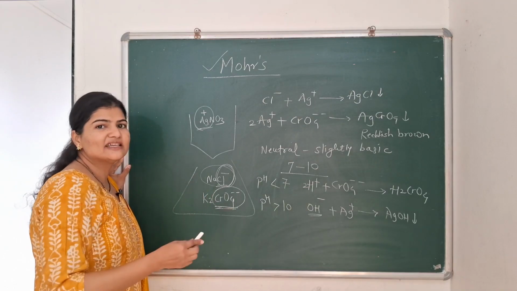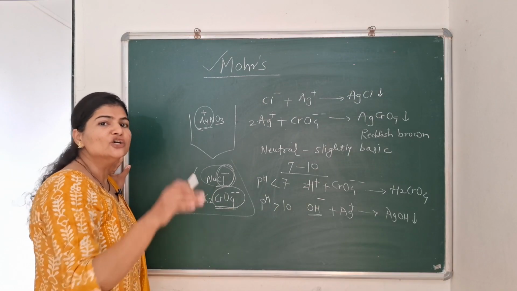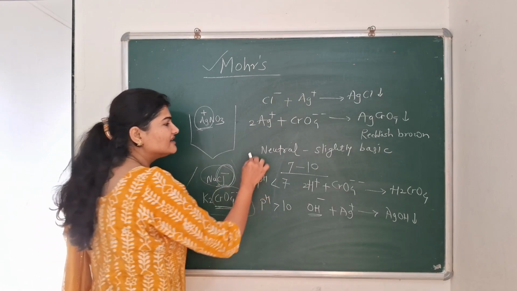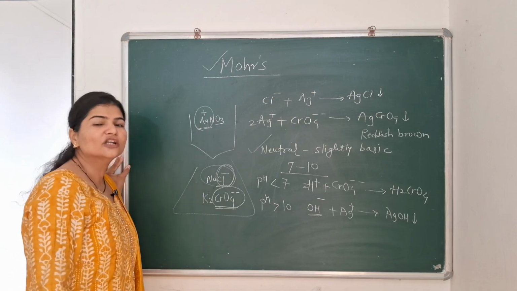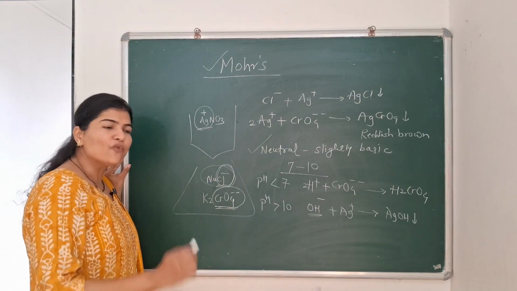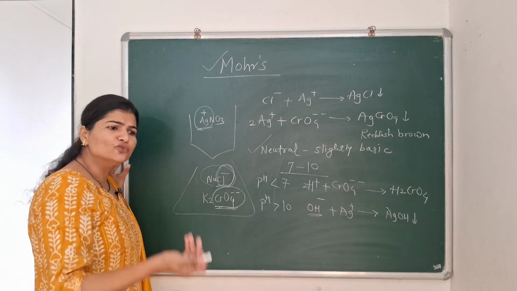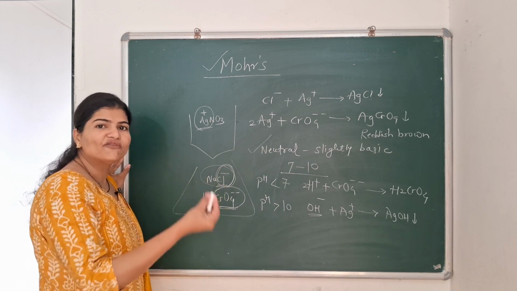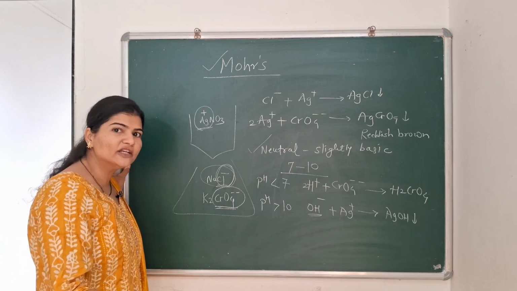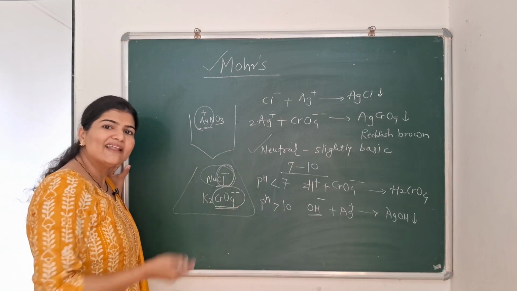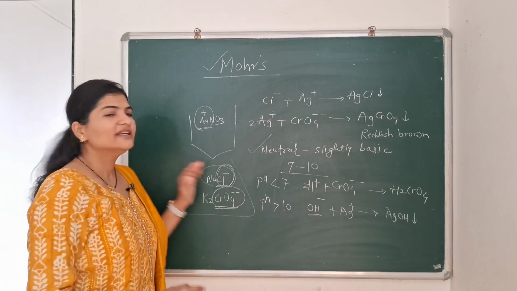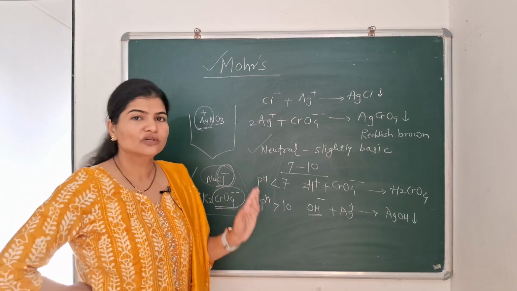So both these cases are not beneficial. So we have to take care that the condition is neutral to slightly basic. How we can do this? We can use a solution of sodium bicarbonate or borax, which will help us to maintain the pH in the required range of 7 to 10.